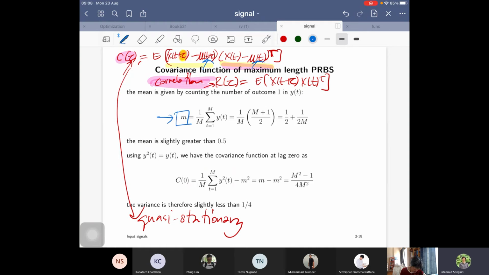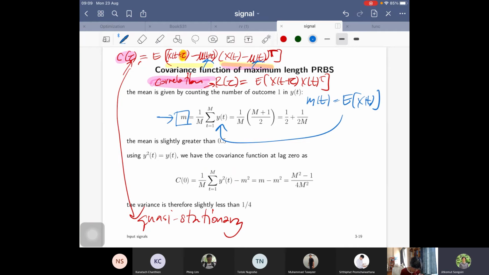For a stochastic process, the mean m is going to be the expectation of x_t. When the signal is quasi-stationary, we're going to use the time average instead. So it's 1 over M, the summation of y_t in one period.